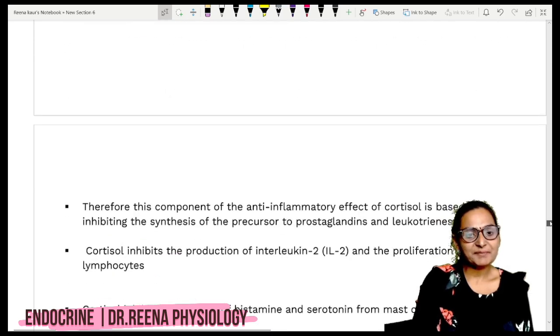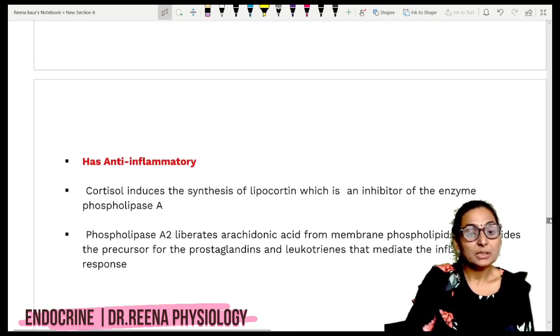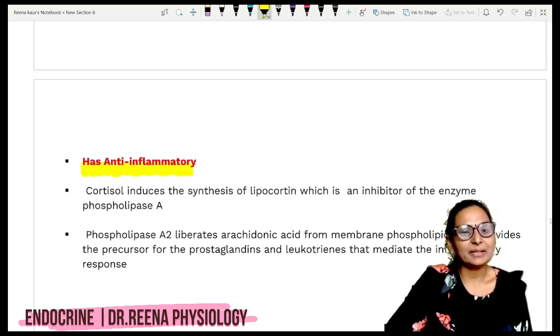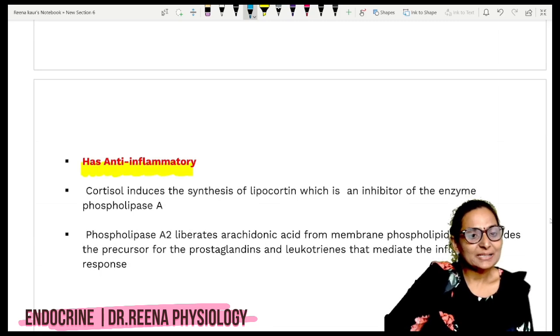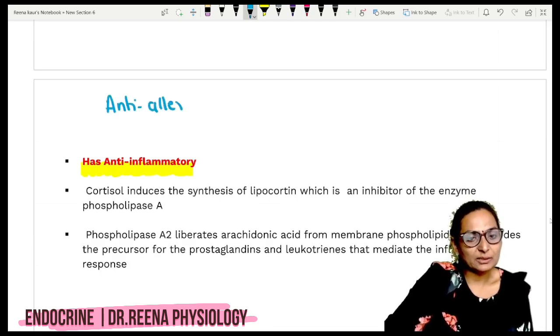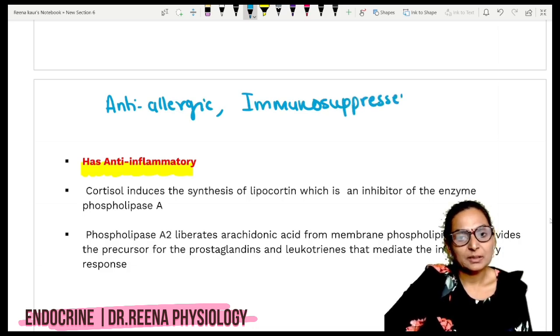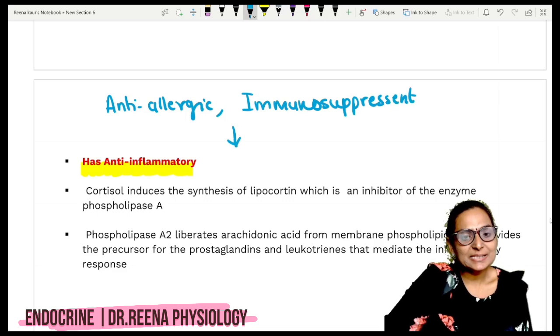Now, this effect is very, very important. It has an anti-inflammatory effect. Basically, it is anti-inflammatory, anti-allergic, and immunosuppressant.